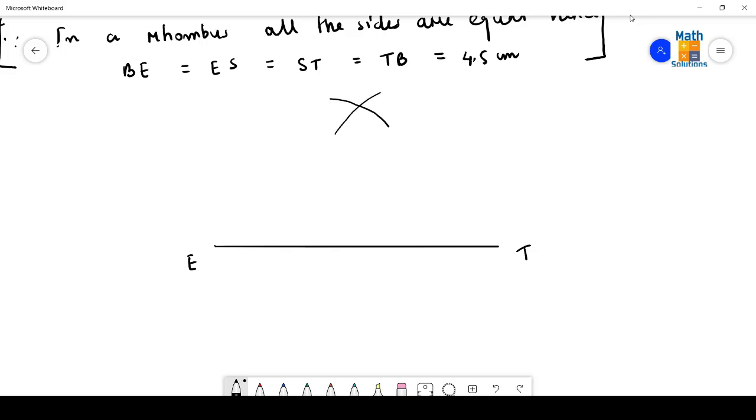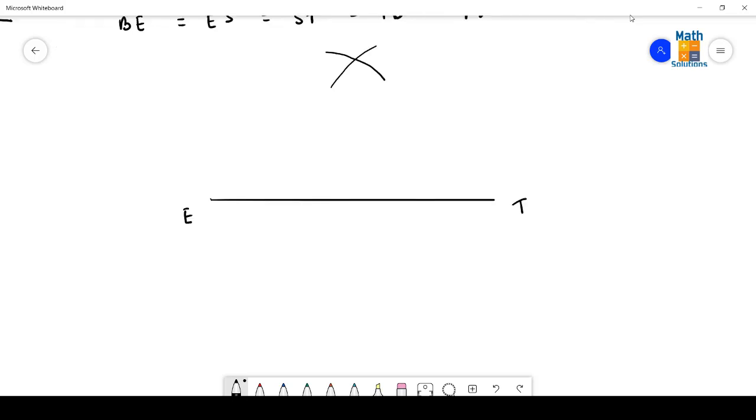Similarly, in the lower part also, taking E as the center with the same radius, another arc should be drawn. Similarly, here also arc should be drawn.